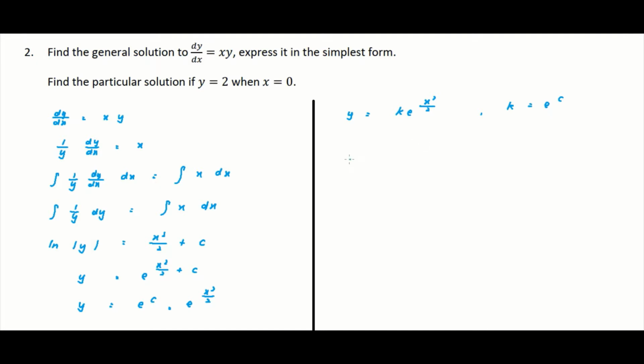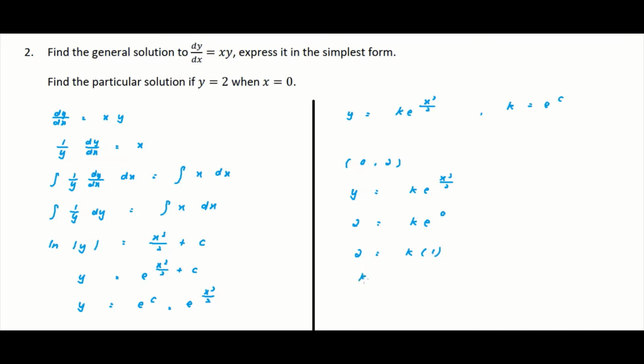So particular solution, 0, 2. This is the simplest form already, so now we can straight away substitute. So y equals K e to the power x squared over 2. Substitute 2 equal to K e to the 0. So 2 equals K times 1.